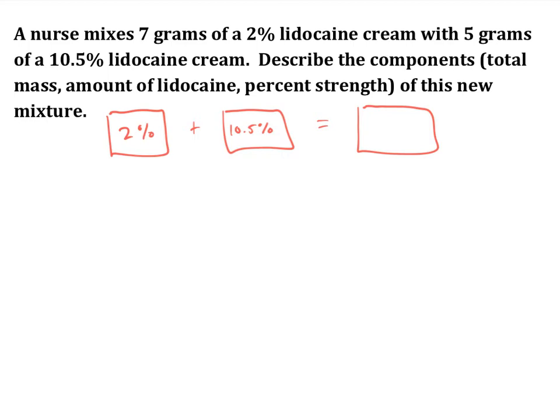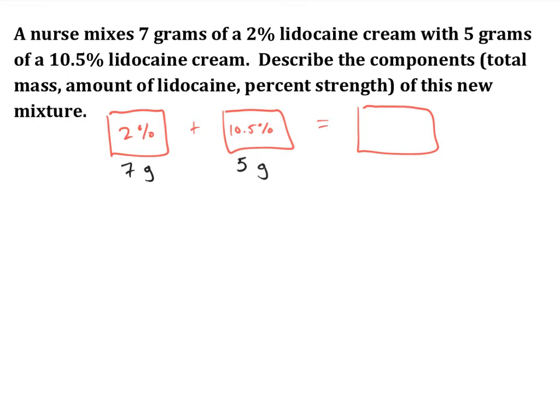And right below these quantities here, the 2% and the 10.5%, I want to write in the mass. What is the amount? So I am taking 7 grams of the 2%, and I'm taking 5 grams of the 10.5%.